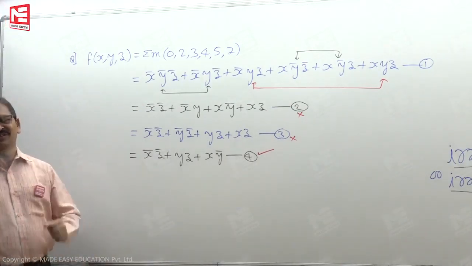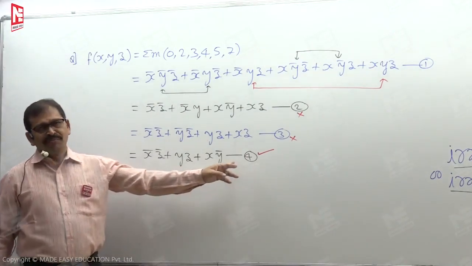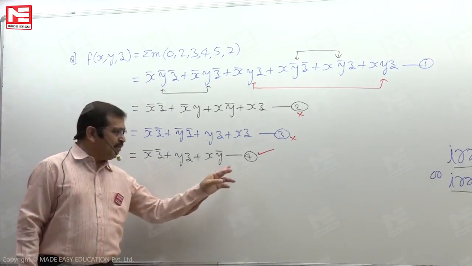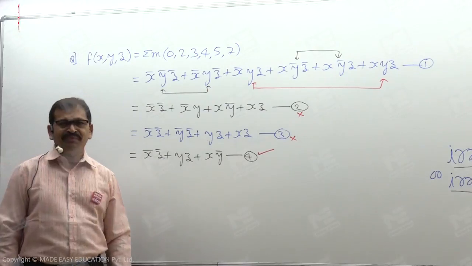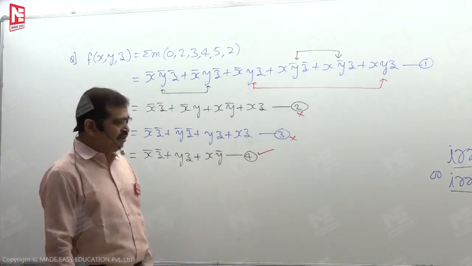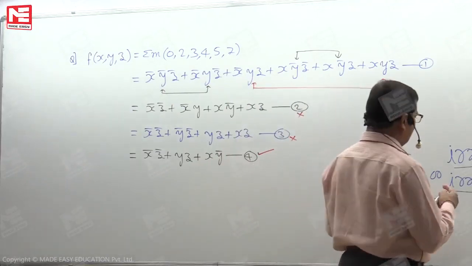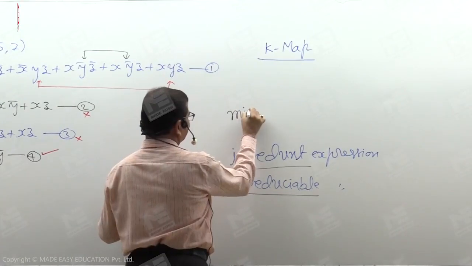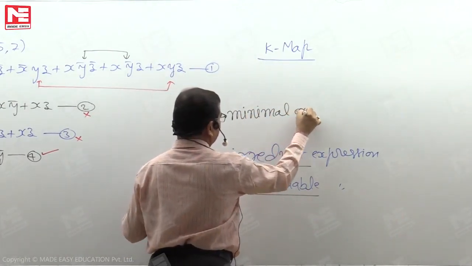Since we are using equation 4 for the realization of the function, we must name it with a new name. The new name we are giving for equation 4 is minimal expression.